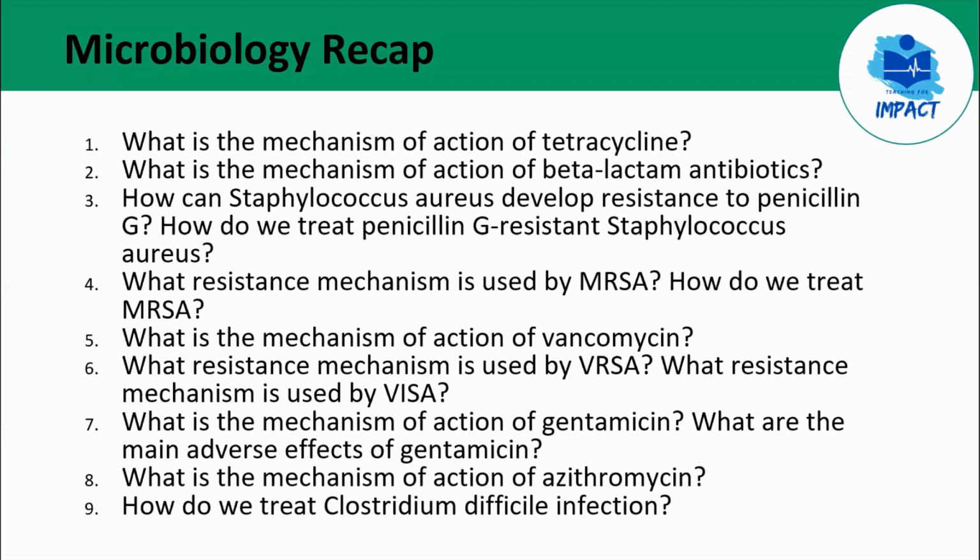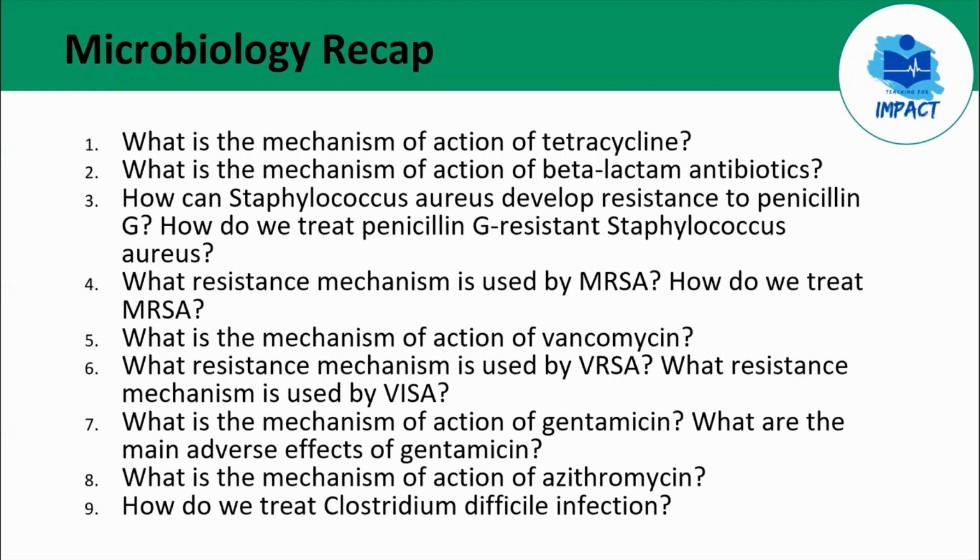Question 6, what does VRSA do to confer resistance against antibiotics? It's also to do with the terminal section. So it uses terminal D-Ala-D-Lac rather than D-Ala-D-Ala so that vancomycin can't bind to it, because vancomycin binds to the bond between D-Ala and D-Ala.